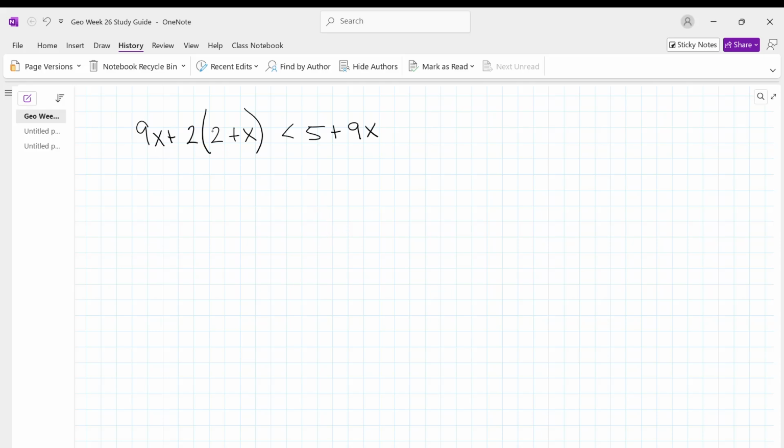So over here on this left-hand side, this 9x falls down, and we got to distribute this plus 2. So this plus 2 times 2 is plus 4 plus 2x less than 5 plus 9x.